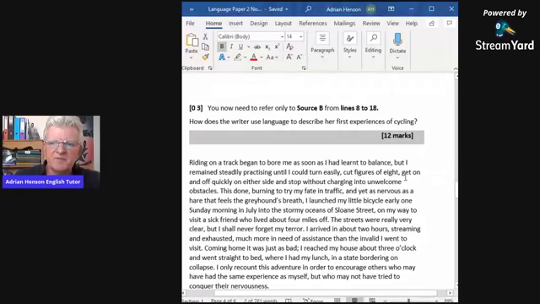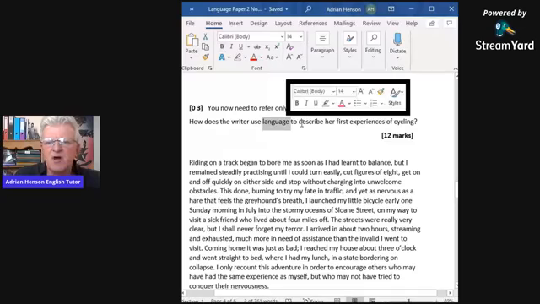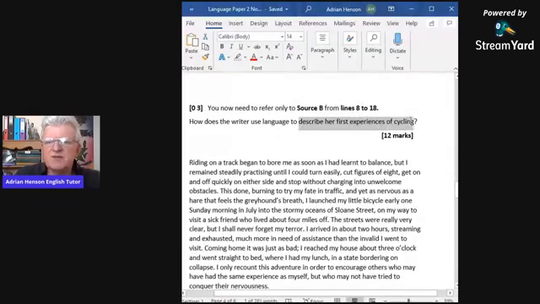In the exam, this would be a hard copy, and they would be writing, not working on a computer. But the first thing I would do is look at language used to describe this lady's experience of cycling in London.